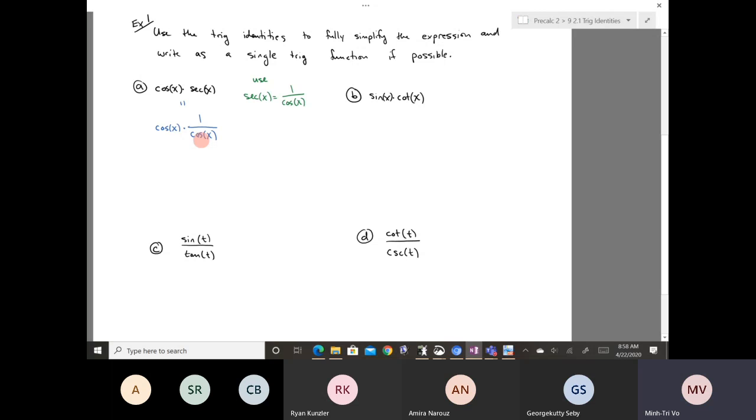And what does it mean when something is divided by itself? It just cancels out, right? So this is just cosine x over cosine x, which cancels out, so this is equal to 1. And there's nothing simpler than the number 1. So basically, cosine x times secant x simplifies to just 1.